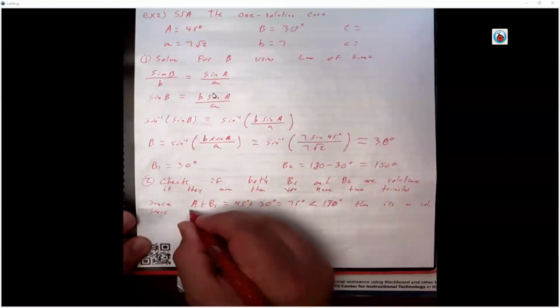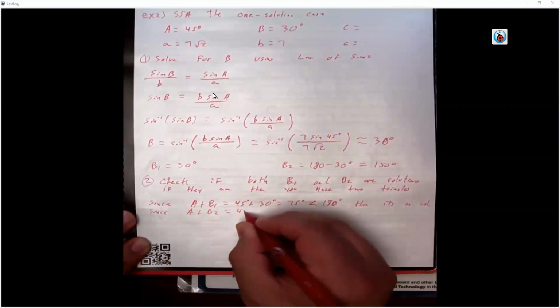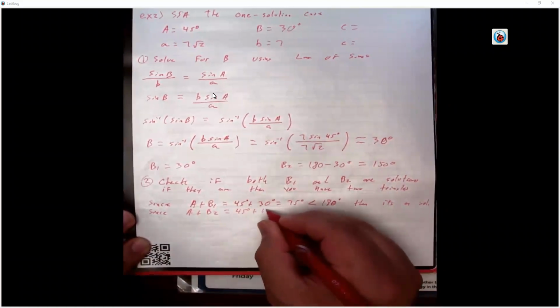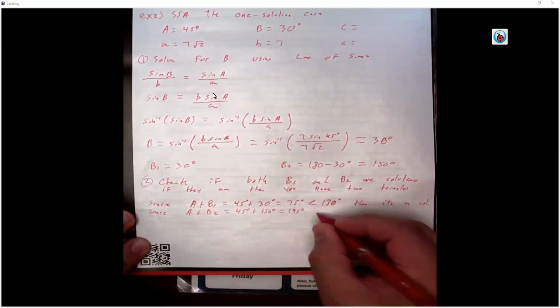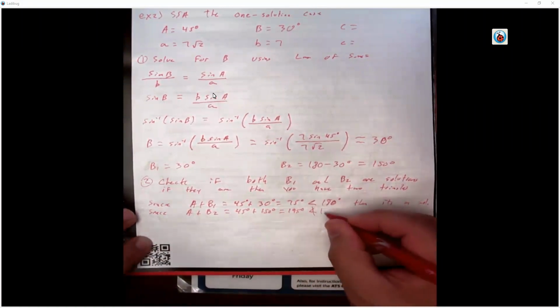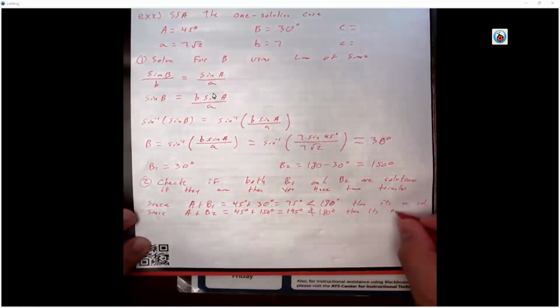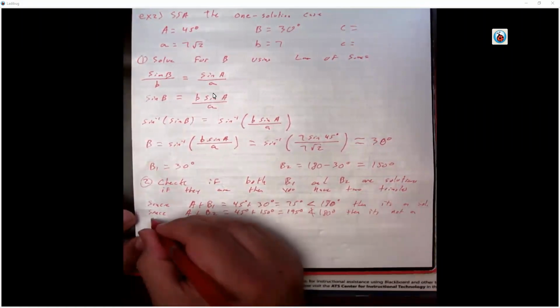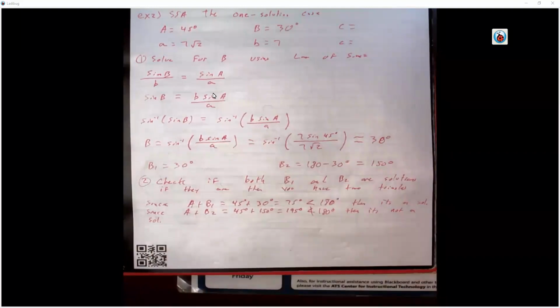Since A plus B2 is equal to 45 plus 150, which is equal to 195, right? Since it's not less than 180, then it's not a solution. So this is what tells you that there's only one triangle.